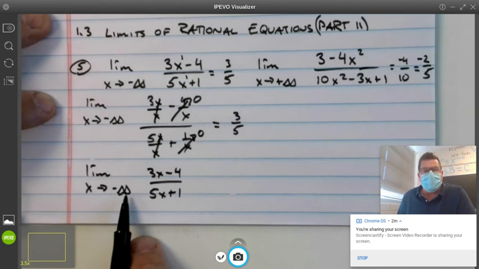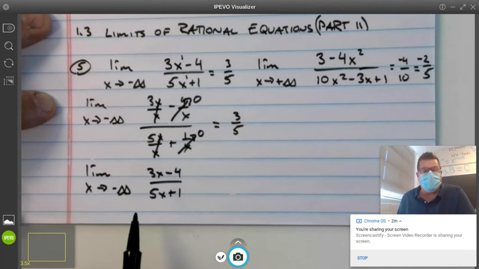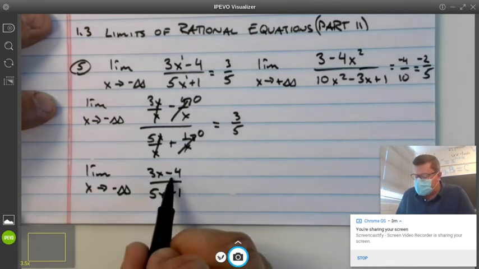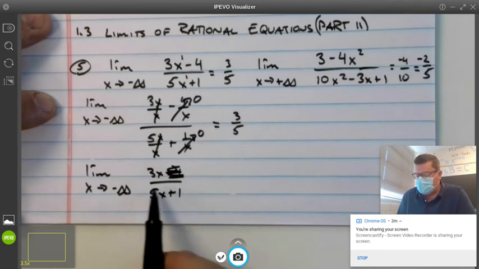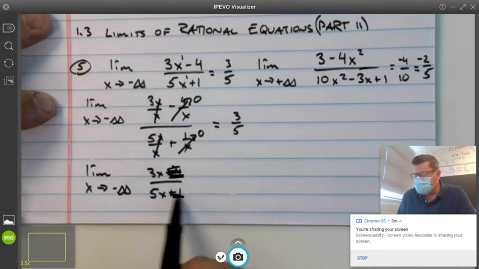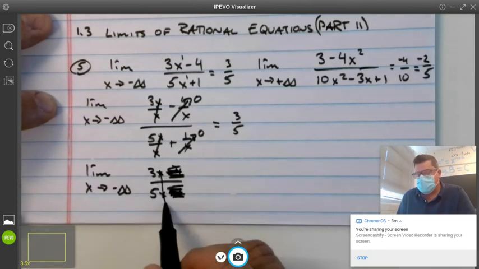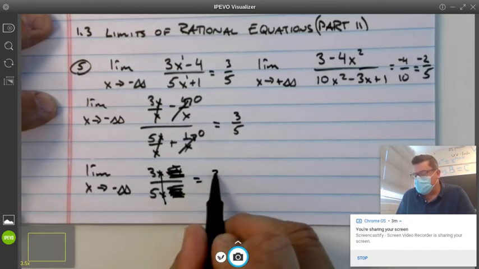So again, it only works if you approach positive or negative infinity. So the top is going to behave like that. The bottom is going to behave like the highest power of x. So that's inconsequential. The x's cancel, and you're left with 3/5.